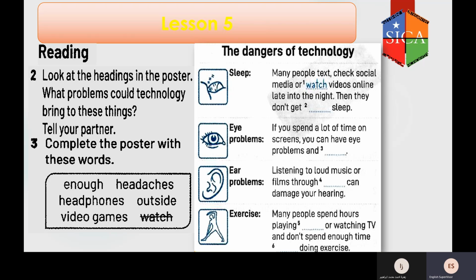The next one. If you spend a lot of time on screens, you can have eye problems and headaches. Perfect. Next one. Listening to loud music or films through headphones can damage your hearing. Yeah, perfect.